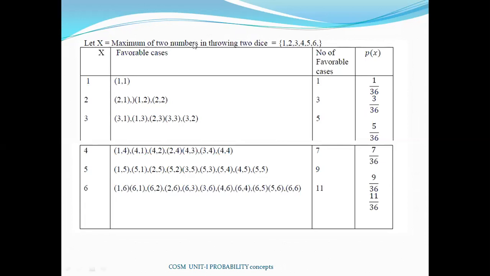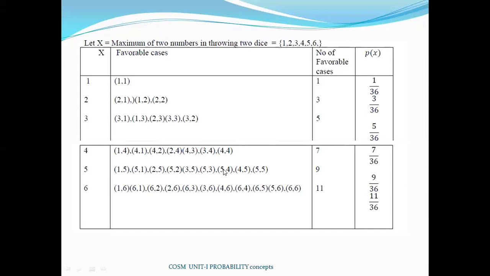Similarly for 3, write down all the favorable cases. You can observe that there are 5 favorable cases, so your probability becomes 5 by 36. Now corresponding to the value 4, write down all the possibilities involving 4 from the sample space.